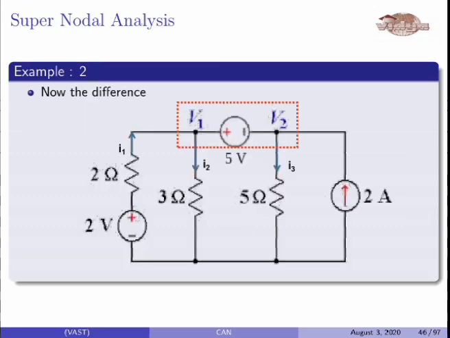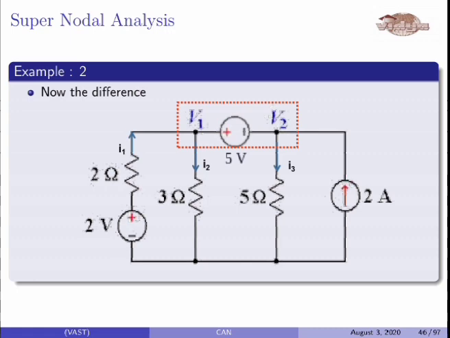Next we have to apply KCL. Here is the difference. Here we cannot apply Kirchhoff's Current Law at node 1 or node 2 individually, because the current flowing from the 5 volt source is an unknown quantity and we cannot predict that current. That's why we cannot apply KCL at node 1 or node 2 individually.